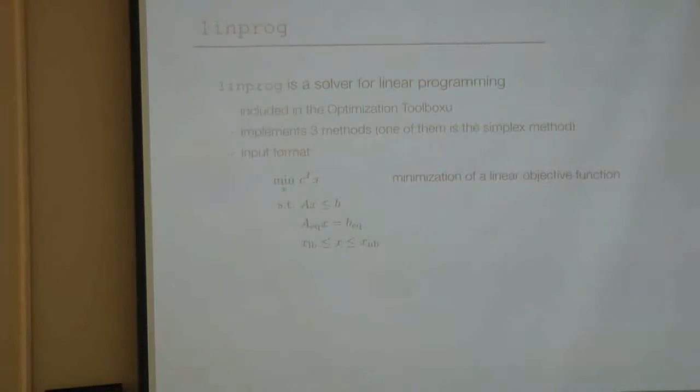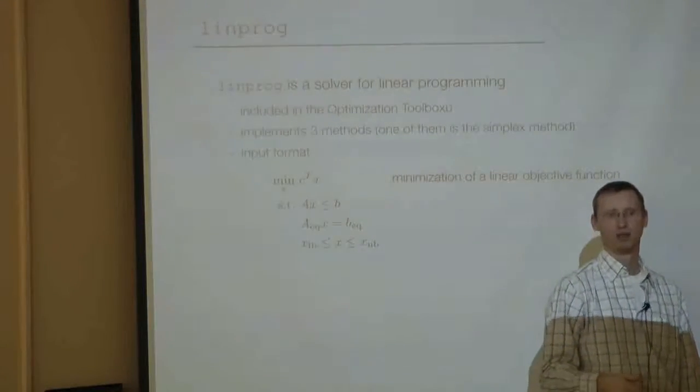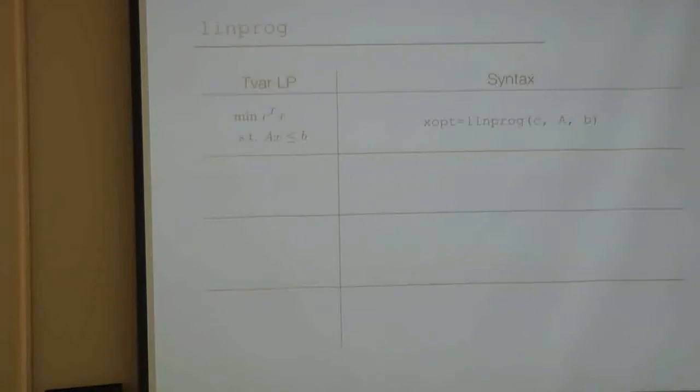So if your problem is maximize something, first you have to multiply the C by -1 to make it a minimization problem. So we have minimization of the linear objective function, then inequality constraints, equality constraints, and lower and upper bounds on the optimization variables. And then you could use different syntax.